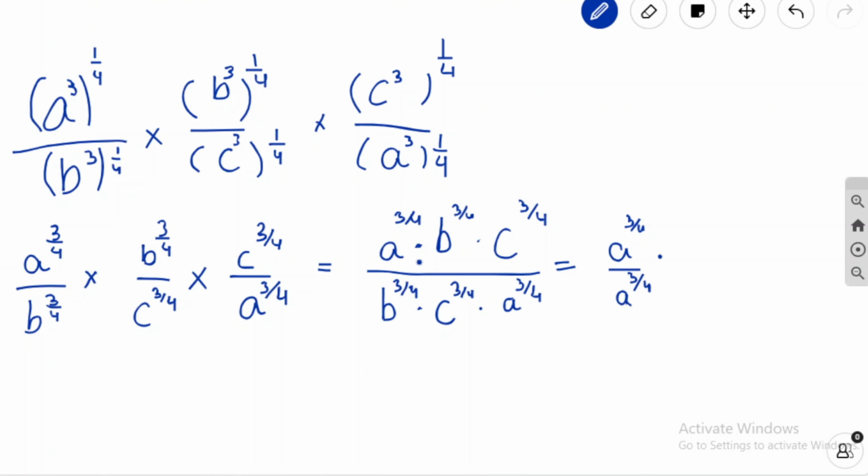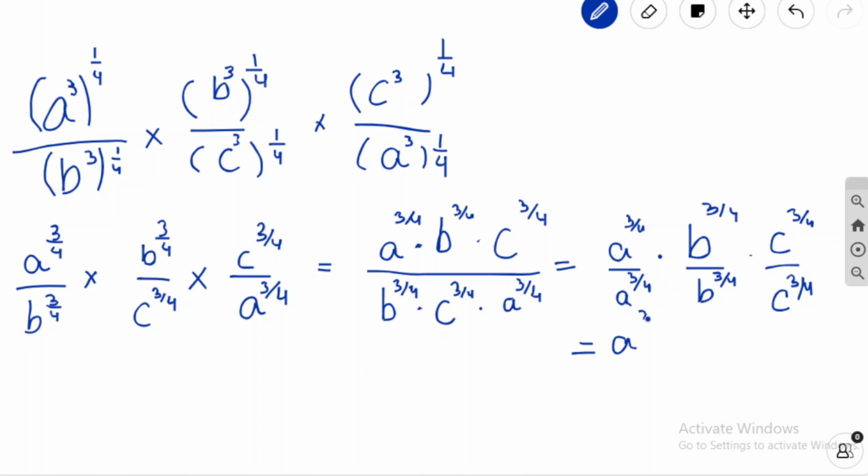Similarly, now we make the other fraction with these b's: b raised to the power 3/4 over b raised to the power 3/4, and then c raised to the power 3/4 over c raised to the power 3/4. The bases are similar, and powers are subtracted because they are being divided.